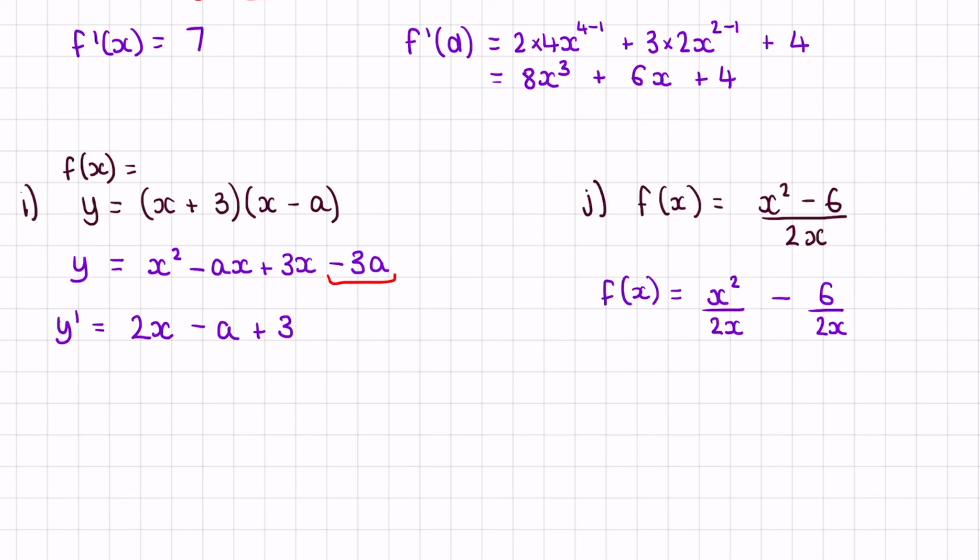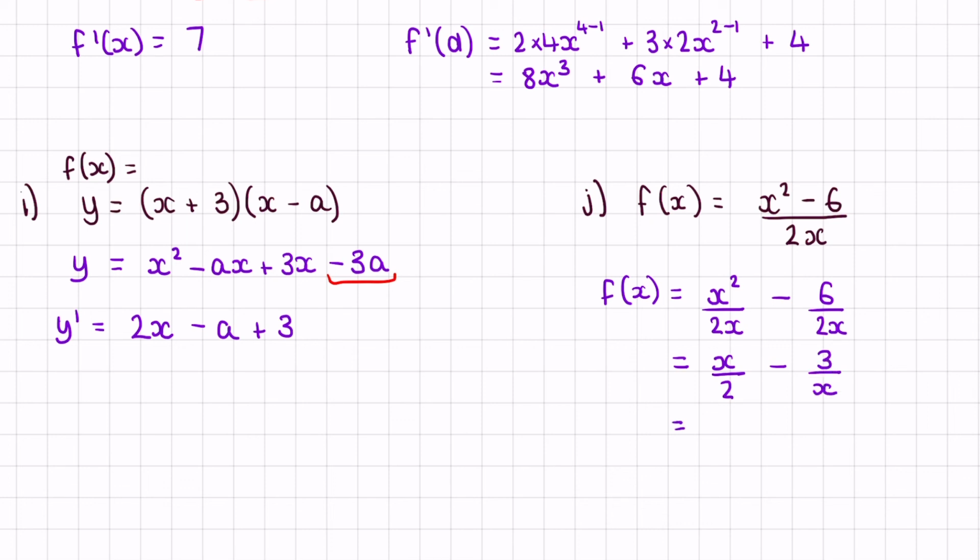So remember, by doing that with your fractions, you put them both over the denominator. Now from here then, we need to simplify. So x squared over 2x, you can cancel an x, so this would end up just being x on 2. Now the second part, we can't cancel an x because there is only one, but we do have 6 divided by 2, which would be 3. So this one simplifies down to 3 over x.